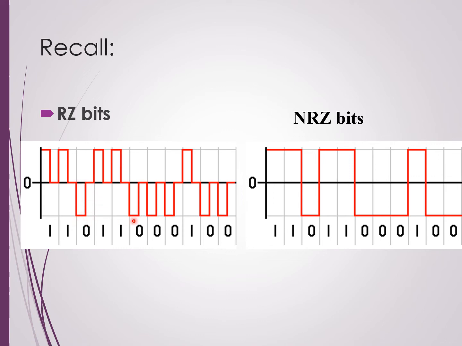This is 0, this is 0, this is 0. For non-return-to-zero, 1 is represented by this waveform. This is 1, this is 1, this is also 1. For 0, the representation is like this. So this means 0.